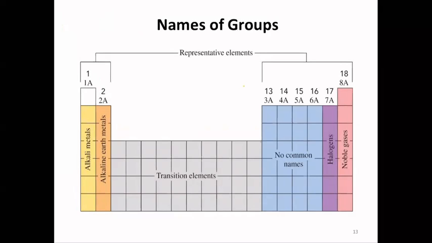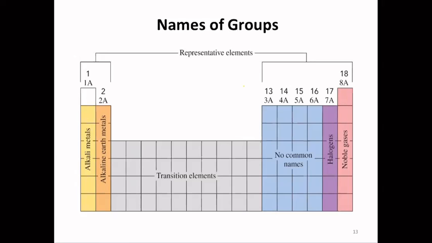Sometimes they also call them the alkali earth metals, but understand that 2A is always the earth metals. Now, when it comes to 3A, 4A, 5A, 6A, because of the organization of the different elements there, we don't have a common name for those columns. 7A is called the halogens. 8A is known as the noble gases.